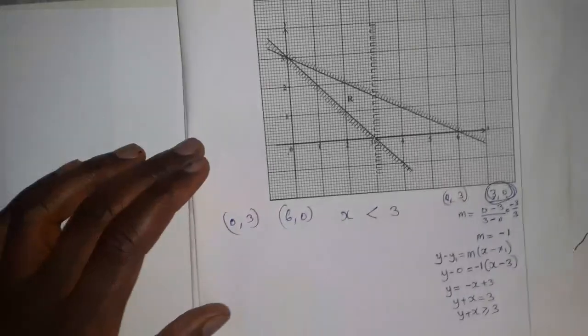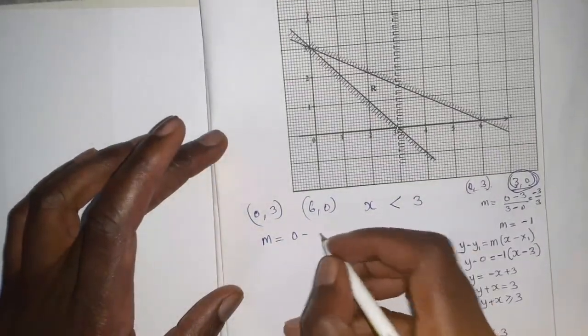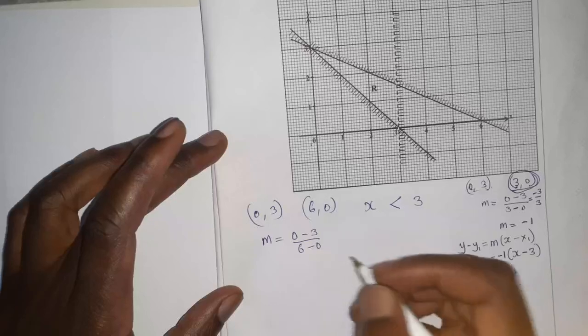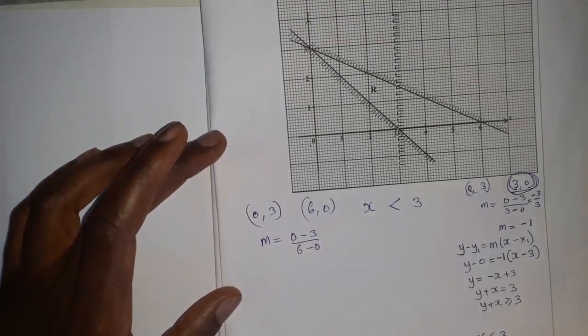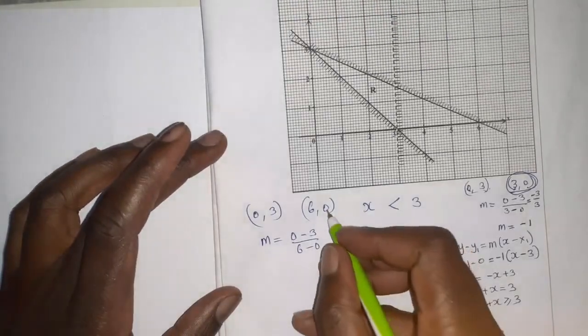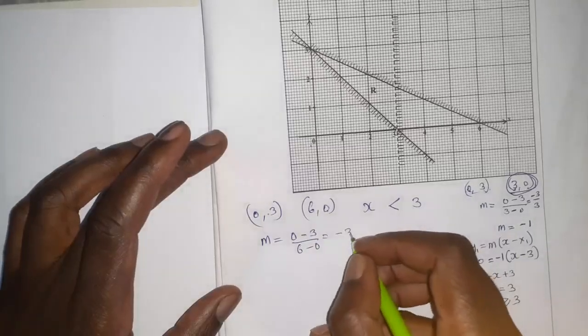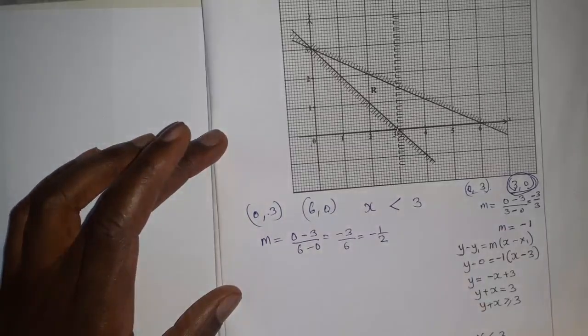So I do the same process of finding my gradient, which is 0 minus 3 over 6 minus 0. That gives me negative 3 over 6, which is negative 1 over 2. That is our gradient.